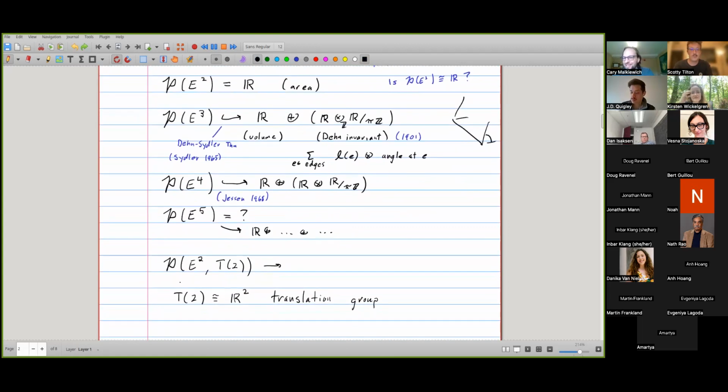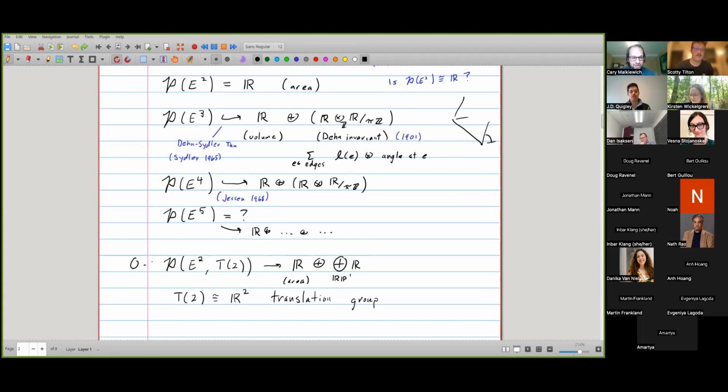And to come back to the example that Dan suggested, we do the translation group. So if we go back to 2 dimensions and consider polygons, but only up to translation, we now get the area again. But now we get a bigger invariant. So we get a sum of copies of R, 1 copy for every point in RP1. So for every line through the origin, we do a signed sum of lengths for edges that point in that direction.